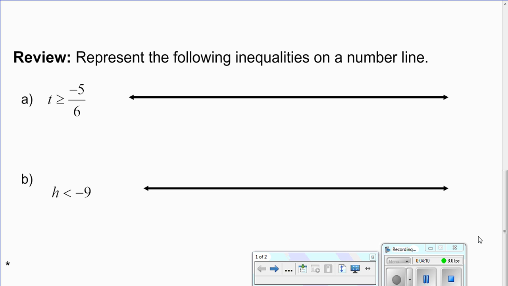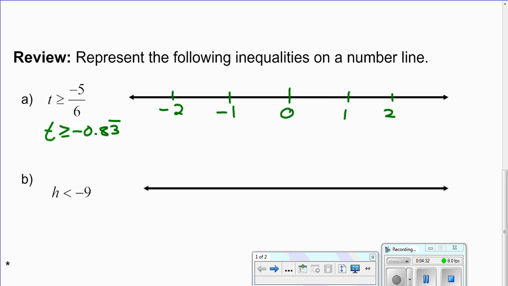As a decimal, it is -0.83 repeating. So it's a little bit less than -1, so it's going to be between 0 and -1.